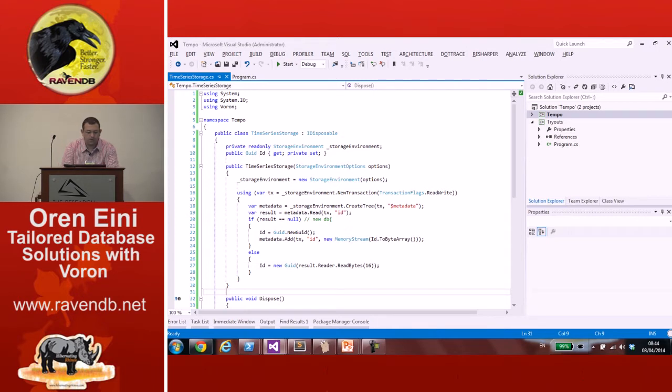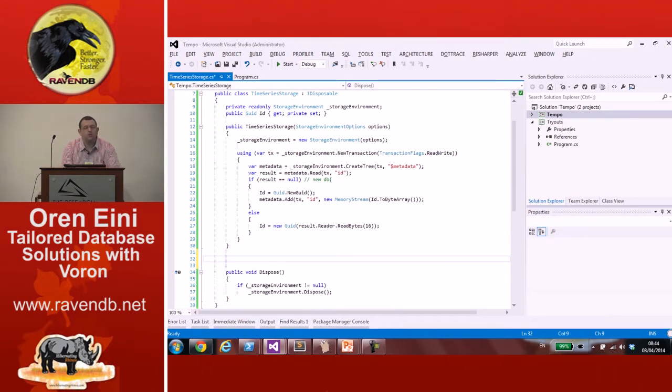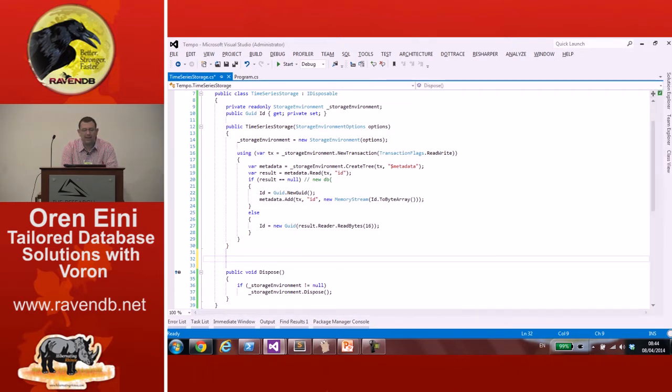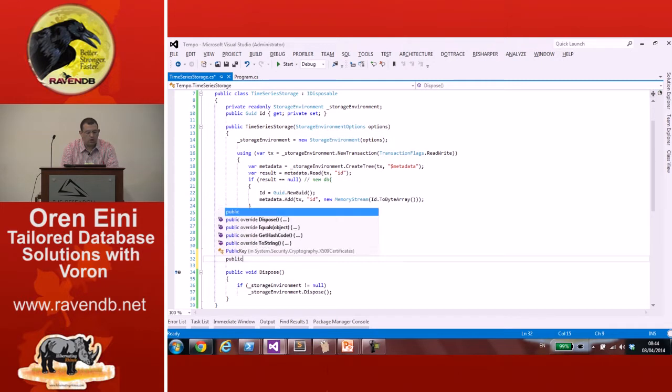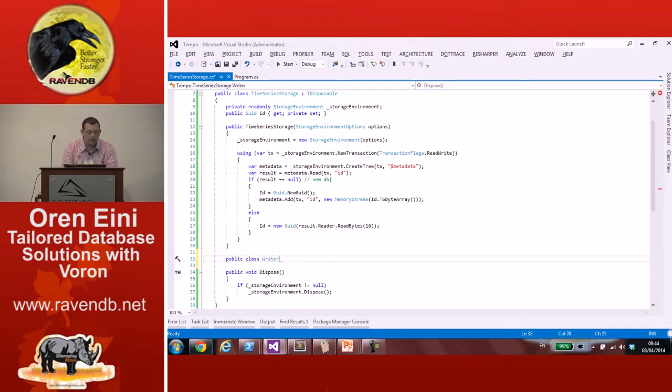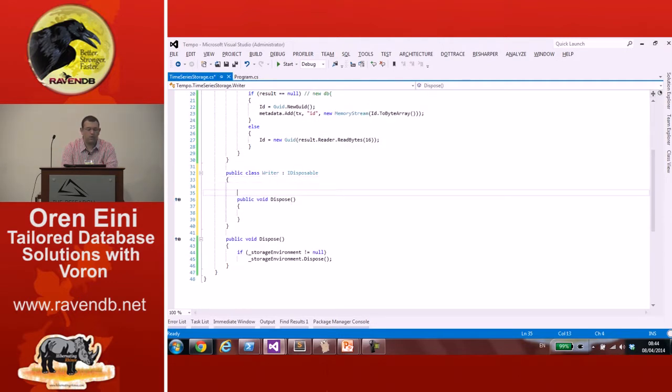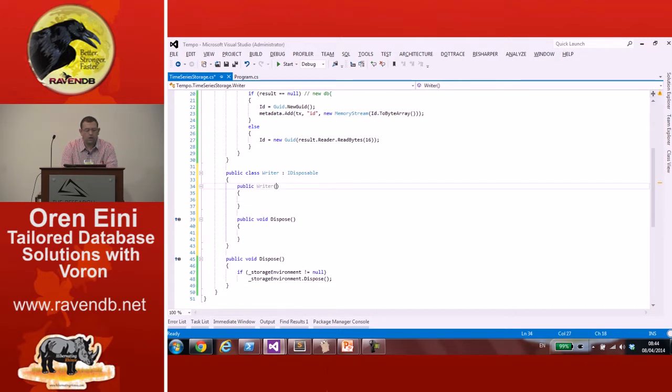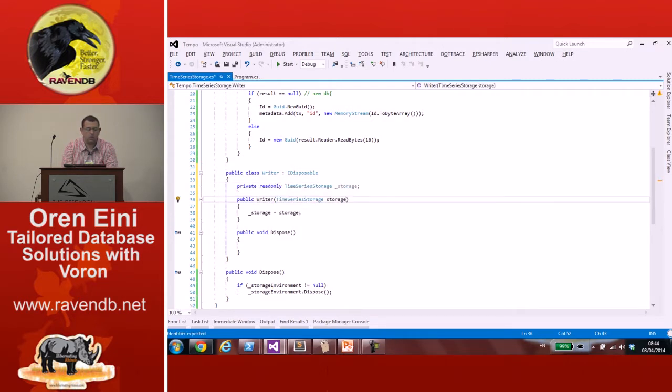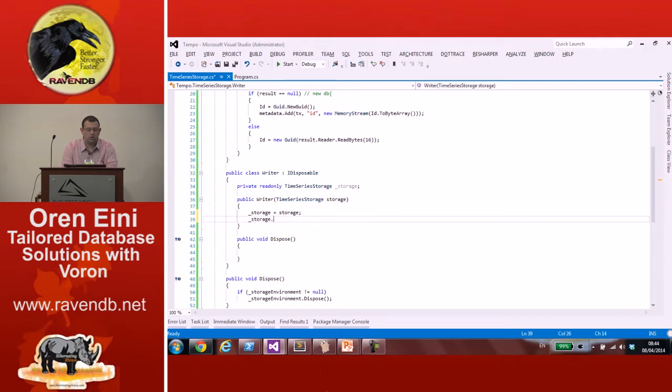Now, it's important to understand that when I'm writing, I want to have the idea of batches. So I'm actually going to have this style. And this is now time series storage, storage environment, new transaction.